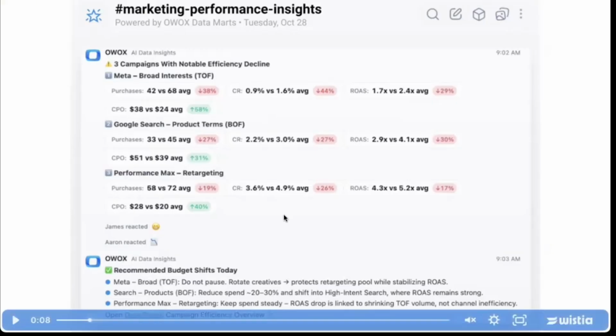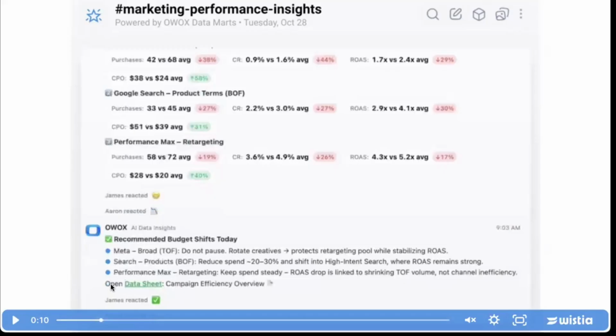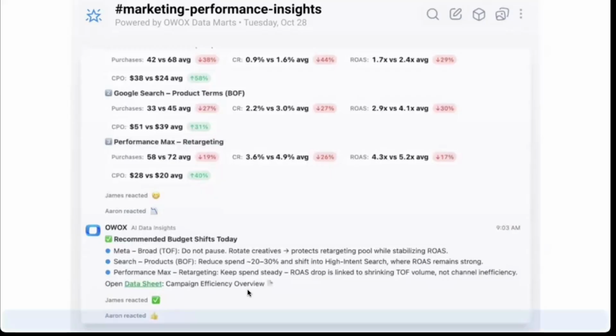And not less important, at the end of this conversation, we provide to the client in their workspace, they use Slack actually, the proof, the campaign efficiency report, so they can dig deeper and go into this spreadsheet.